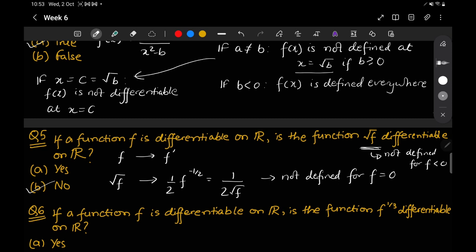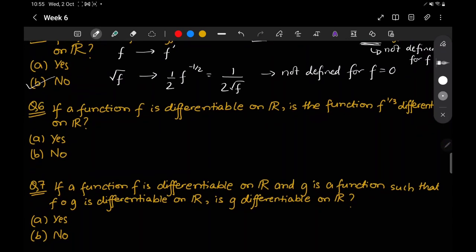Whenever the function takes a value which is negative, square root of f is not defined, because we are looking at the set of real numbers. So we are not considering imaginary or complex numbers. So square root itself is not defined.